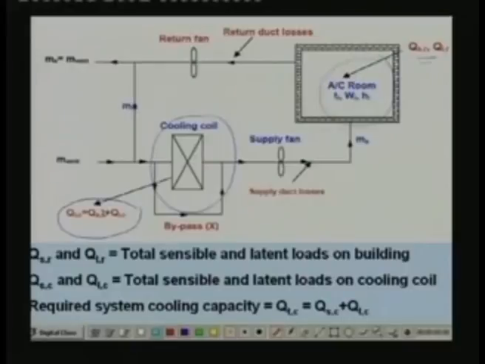This we will see later is nothing but the load on the building plus load due to ventilated air that is flowing through the cooling coil plus load due to losses in the return duct. So you may have return duct losses, leakage losses. You may also have heat addition in the return duct because of the presence of a return air fan. So this plus this has got to be added to the building load to arrive at the total system capacity.